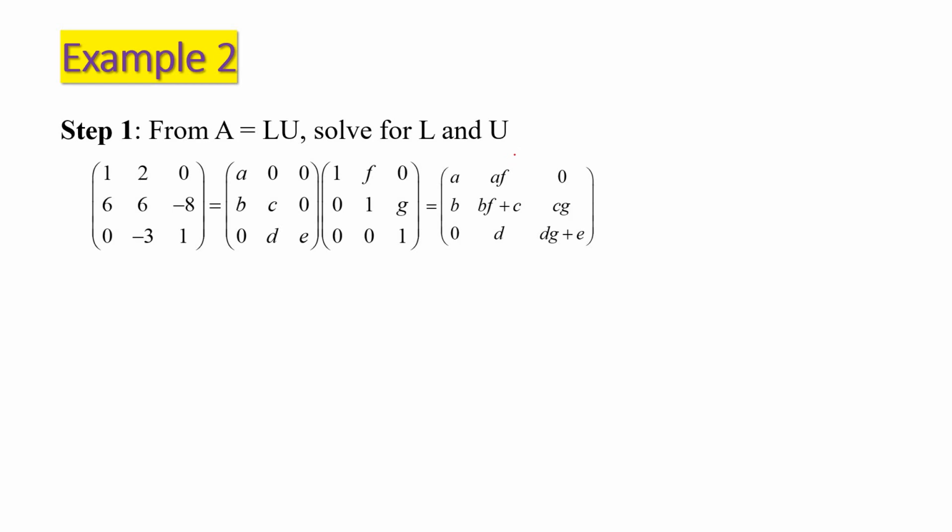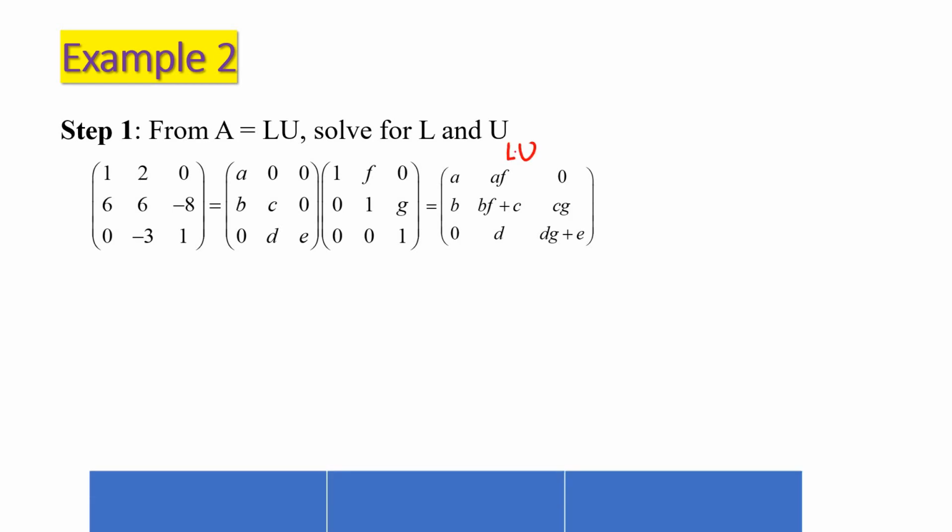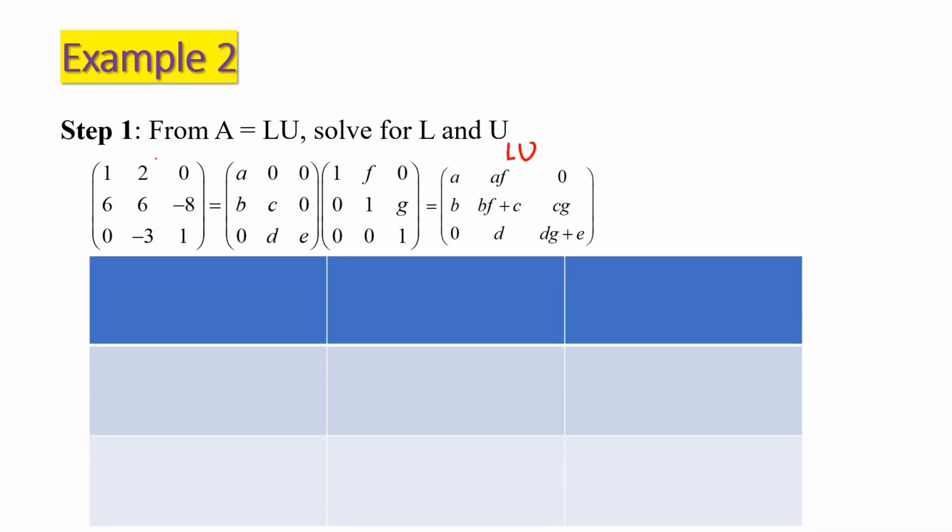Okay, the product of LU here, and then we set LU equal to A. So we have a 3 by 3 system, and I draw a 3 by 3 table here. We compare first row, first column. So A equals 1.